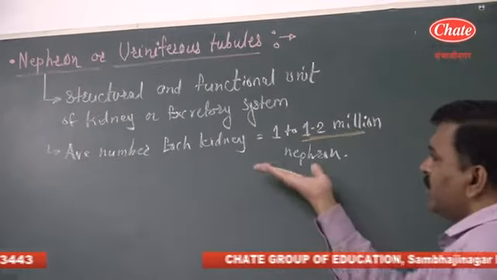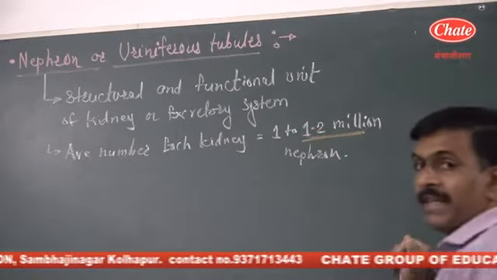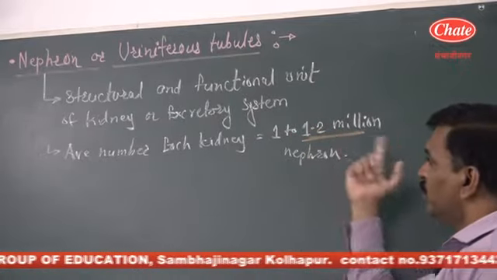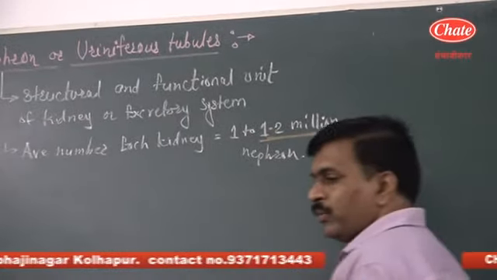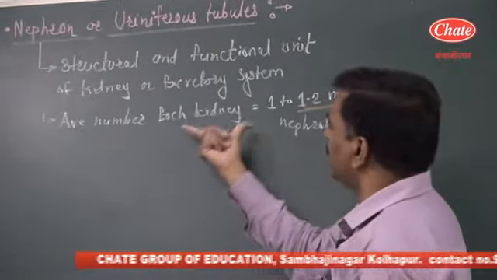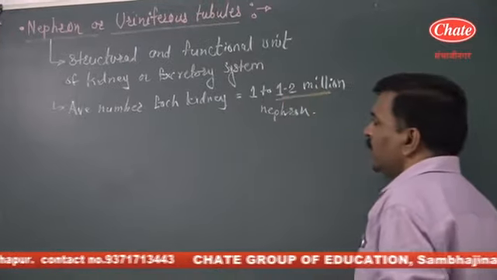Sometimes a question asks how many nephrons both kidneys contain, that is 24 lakhs, since 1 million is equal to 10 lakhs. So both kidneys consist of 2.4 million, about 24 lakhs. The average number of nephrons present in each kidney is 1.2 million.